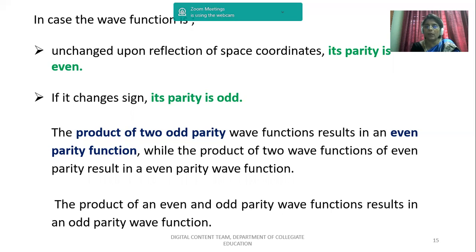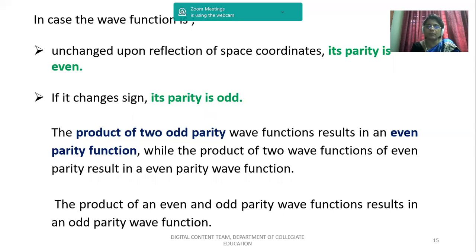That means if you have two wave functions, each associated with odd parity, their product will always result in an even parity function, while the product of two even parity wave functions results in an even parity wave function. That means if both of them are even, their product results in an even parity wave function.